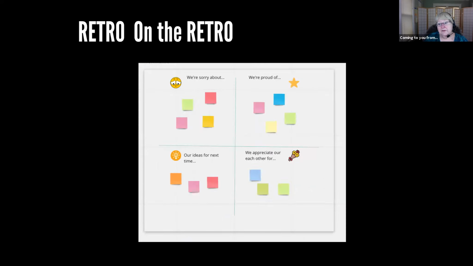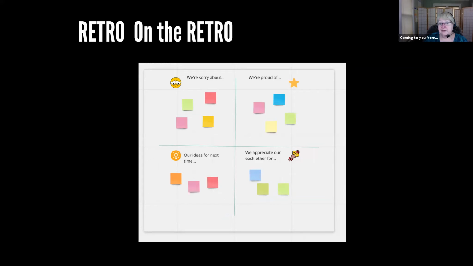Another way of getting feedback on the session is to do a retrospective on the retrospective. It's really a debrief. It's not really a retrospective, but a lot of people like to call it that. So when we think about our retrospective, is there anything we're sorry about? What are we proud about that we did in our retrospective? What ideas do we have for next time?